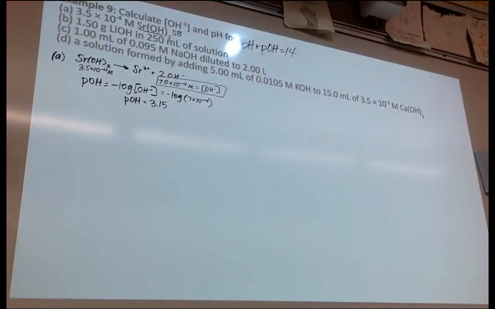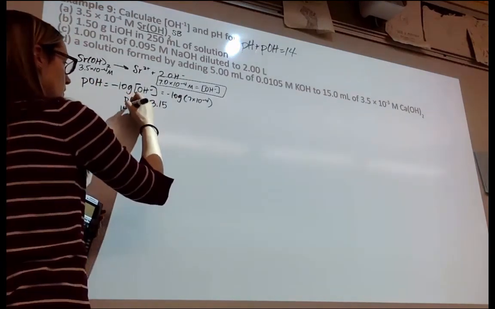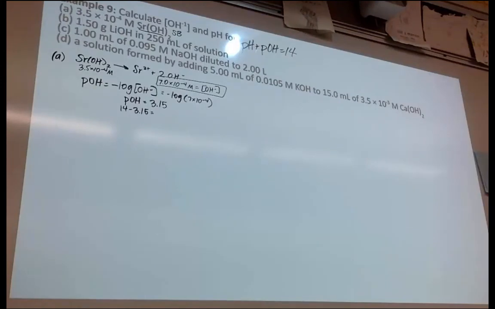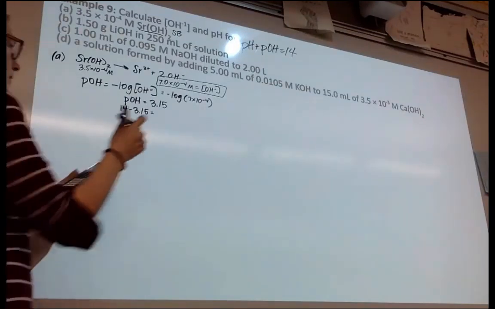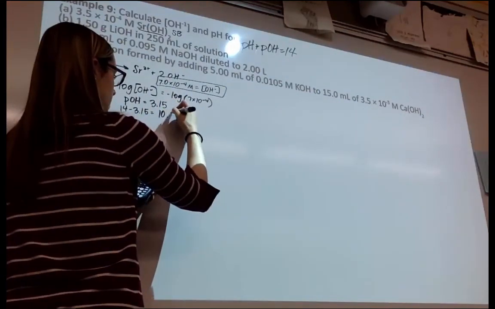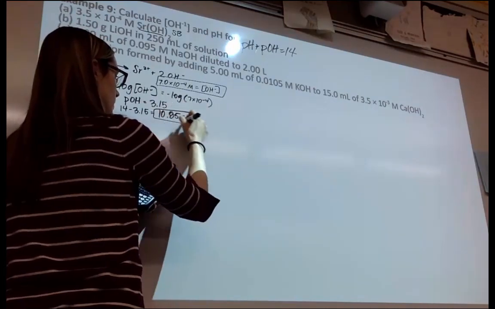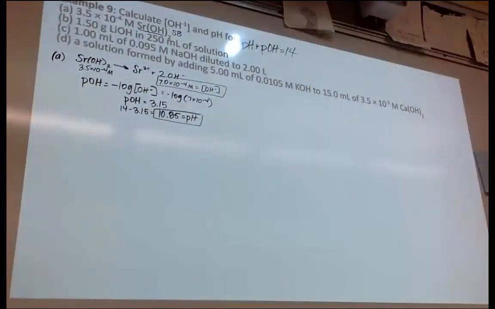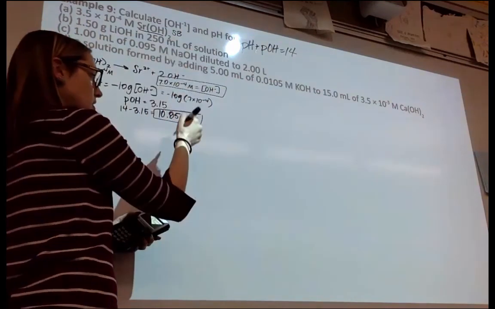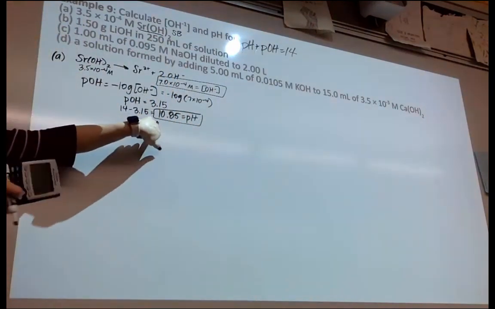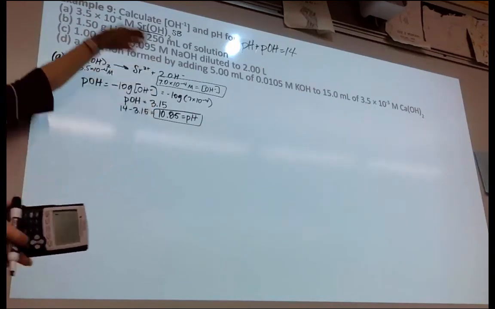So if you have pOH, 14 minus that, which is 10.85, gives us pH. Use the pH scale to determine if something is acidic or basic. This is greater than 7. Makes sense. It's a base.